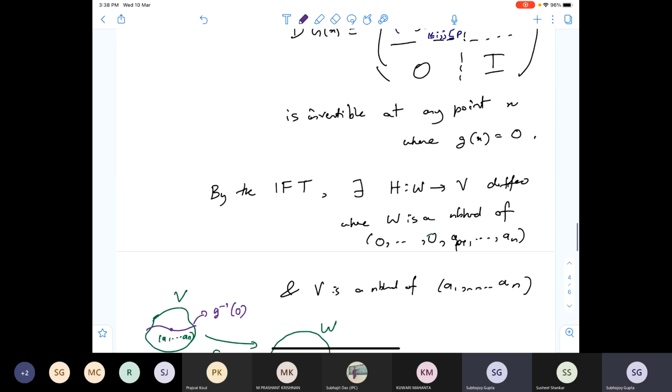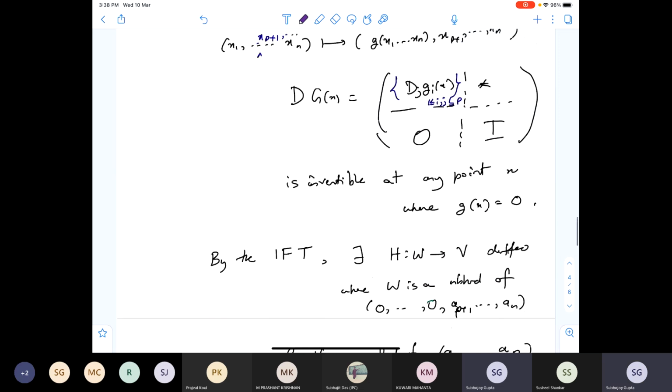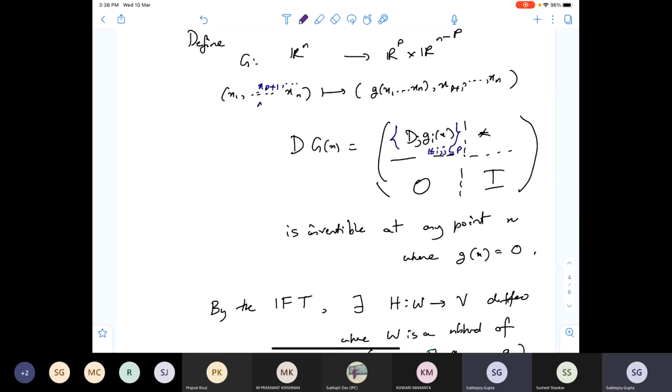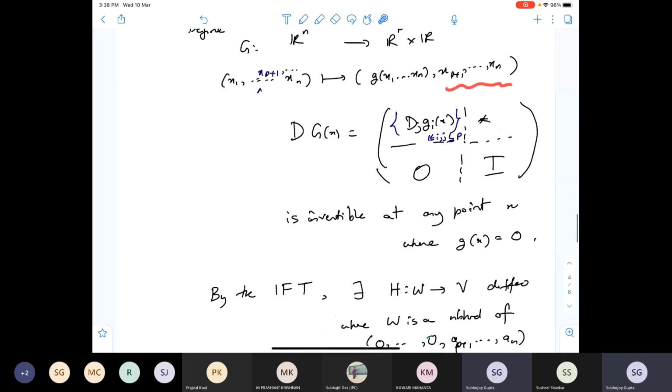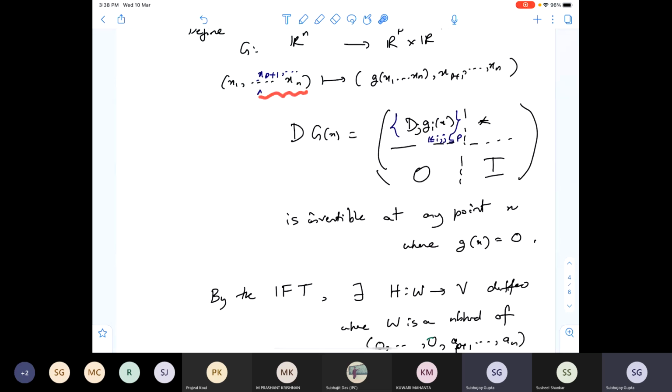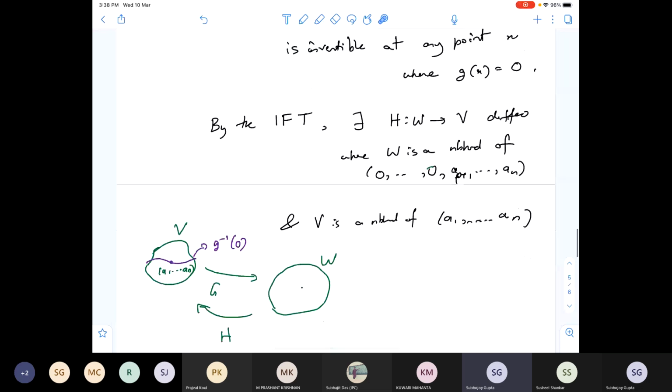So if something is in the pre-image of little g inverse of 0, then this part would be 0, right? So the first p coordinates would be 0, and the rest would be something. Well, we know what the something is because it's the same as things here.